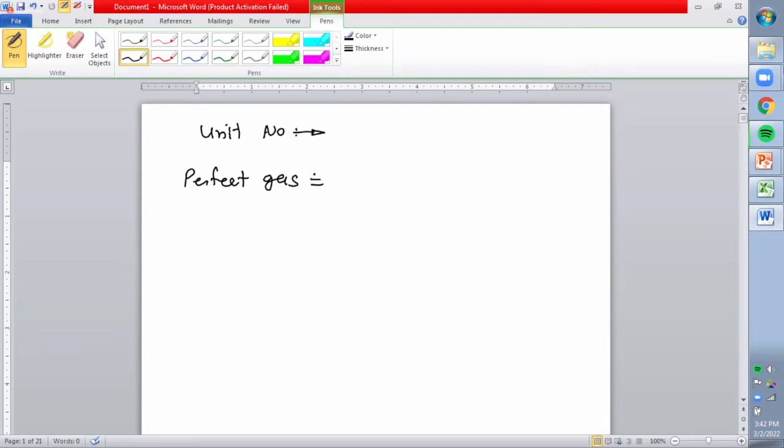What does that exactly mean? PV by T is equal to R, or is equal to a constant.